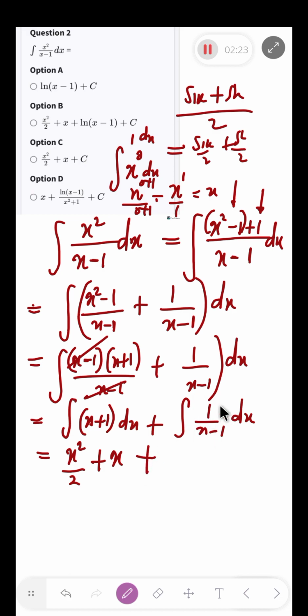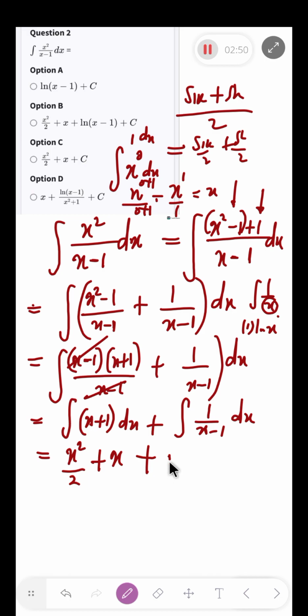Whenever you want to integrate 1 over x minus 1, it's just like integrating 1 over x, which is ln x. You differentiate the inside first: differentiating x gives 1, and that 1 multiplies ln of whatever you have here. The same thing goes here: differentiate x minus 1, and that's just 1.